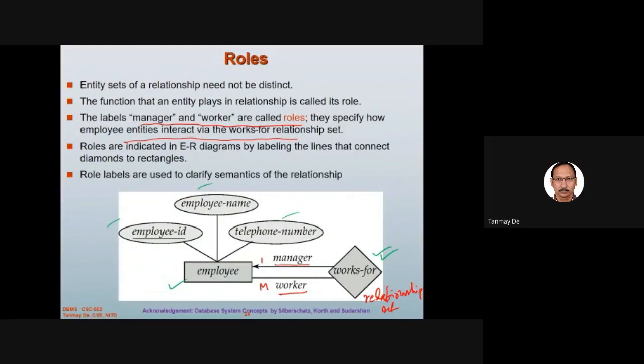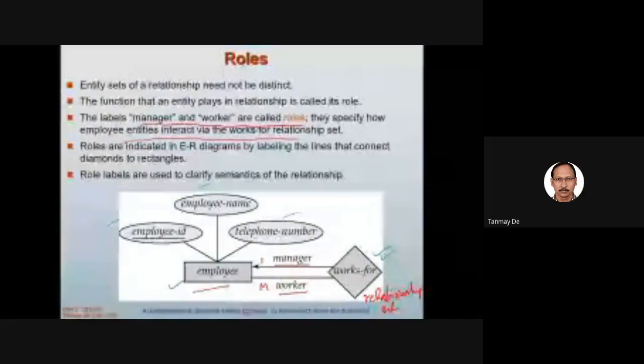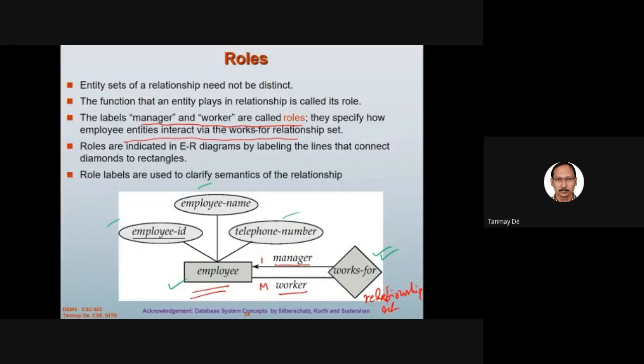Okay, so one of the employee entities plays the role of manager, or some of the entities in the employee entity set. This is the employee entity set. The employee entity set has a number of entities that can represent each employee.